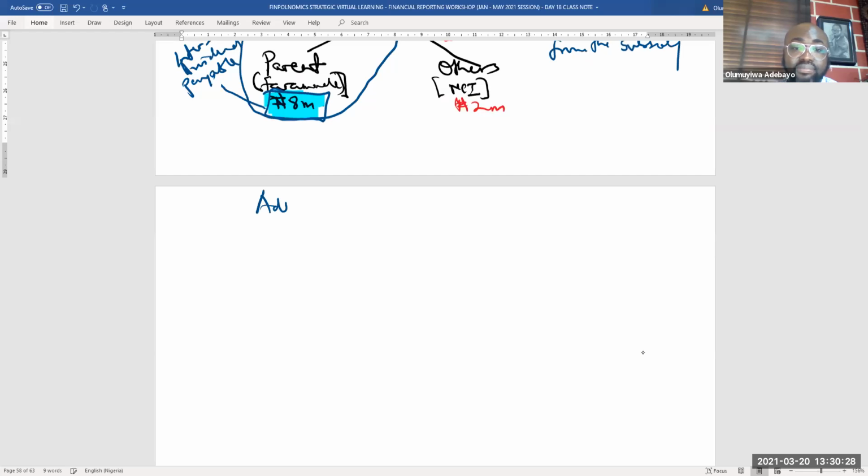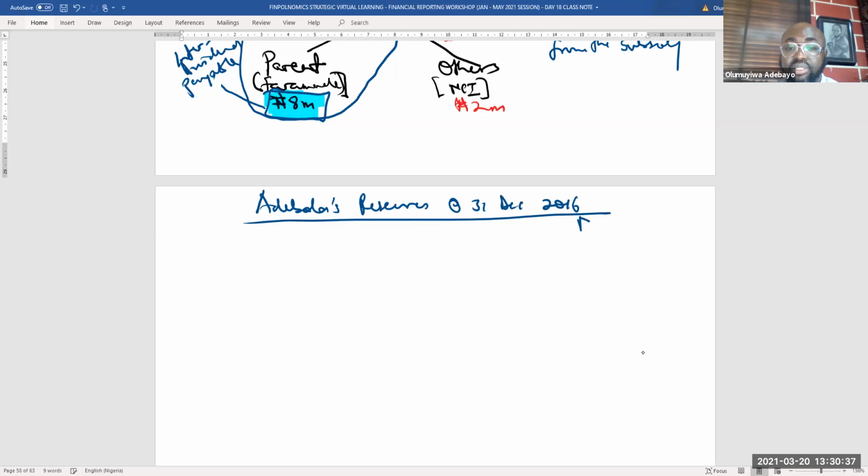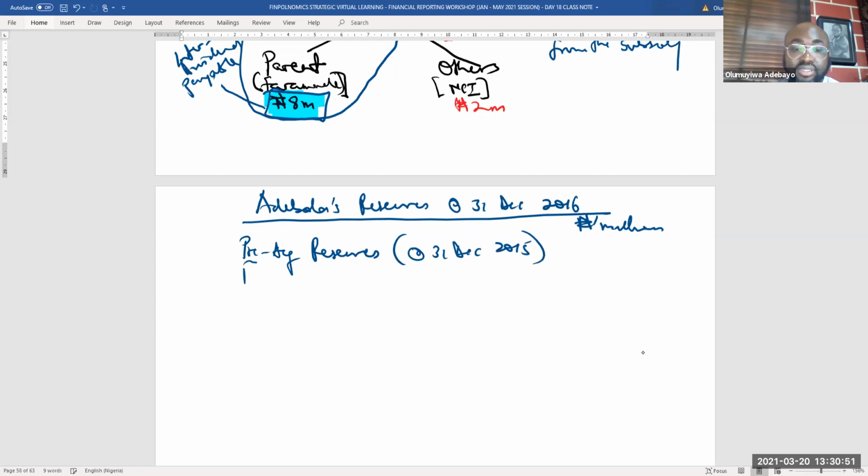Adebola's reserve as at the reporting date, let us decompose it into pre and post. Pre-acquisition reserve is as at the acquisition date, 2015, and post-acquisition profit or loss is the balancing figure.